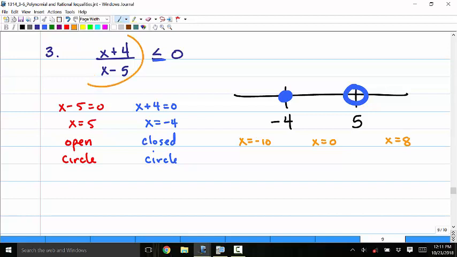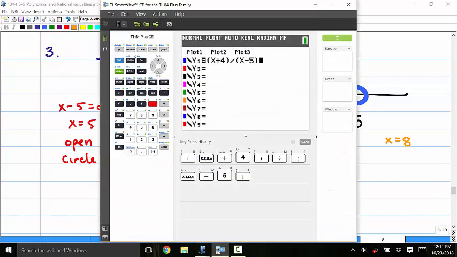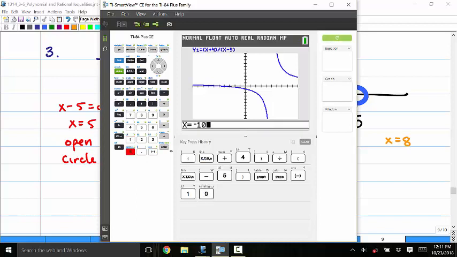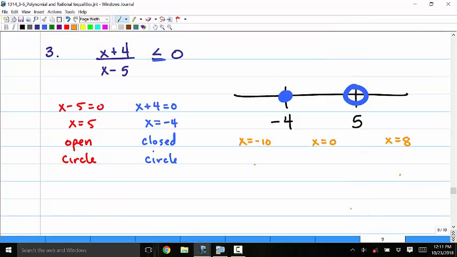I type this rational expression into my y equals. I hit graph. Then I hit trace negative 10, enter. I get positive 0.4. I'm going to put a plus up here.